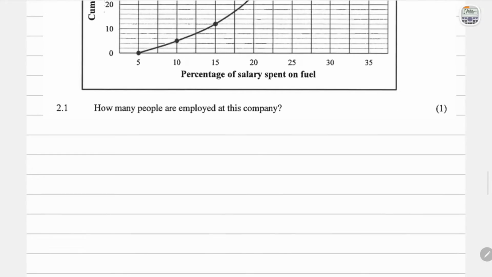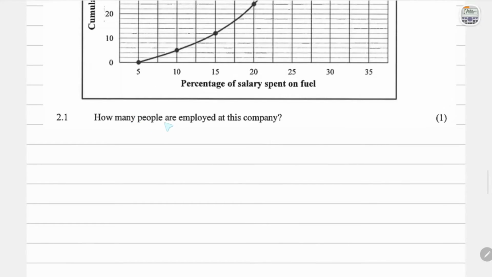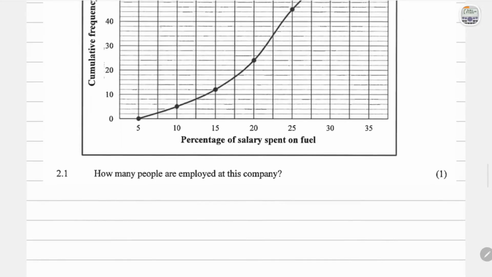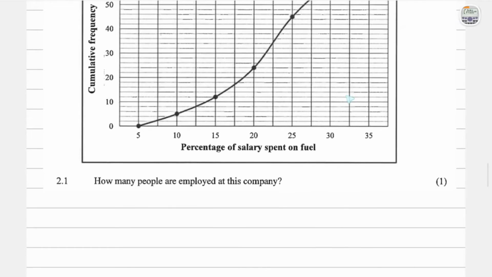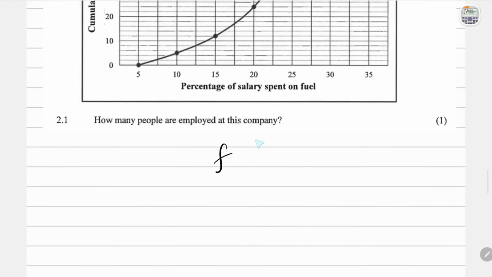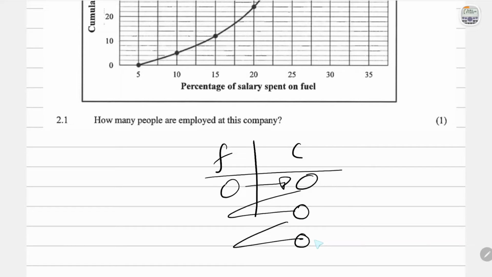Okay. The first question, 2.1, says, how many people are employed at this company? Okay, so remember it's a cumulative frequency. You keep adding on whatever the frequency is to get that cumulative frequency. So the last number that you have would be the total number of people.